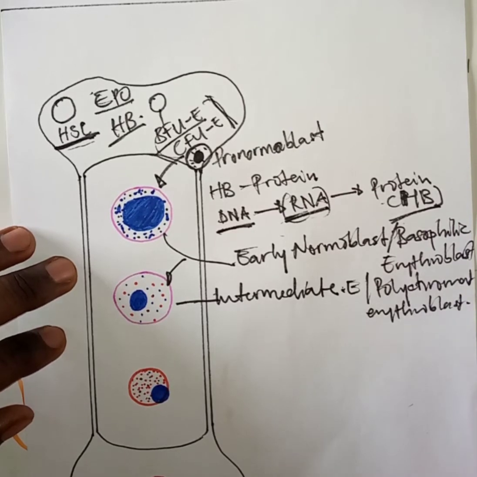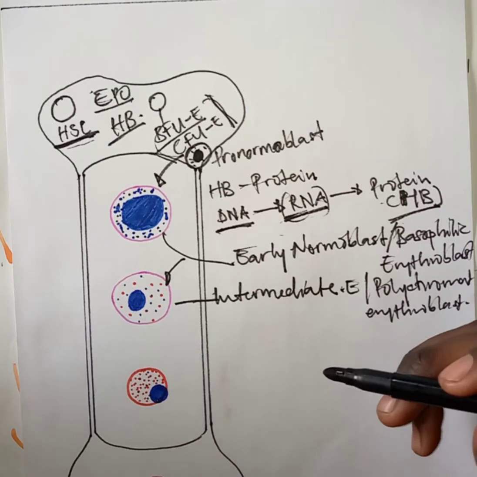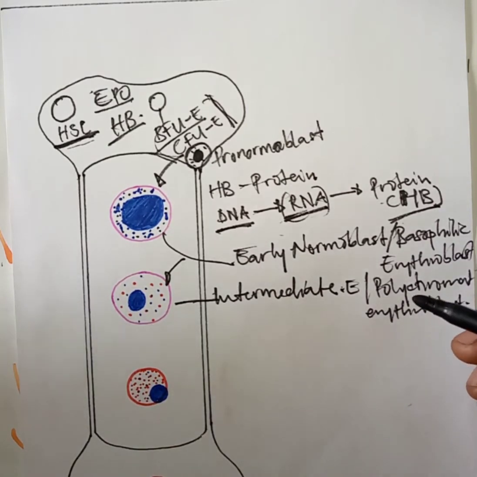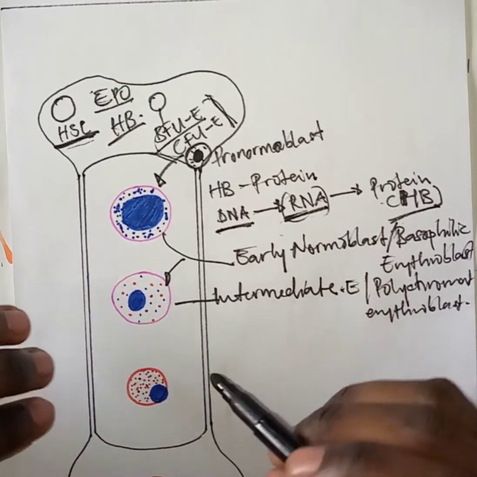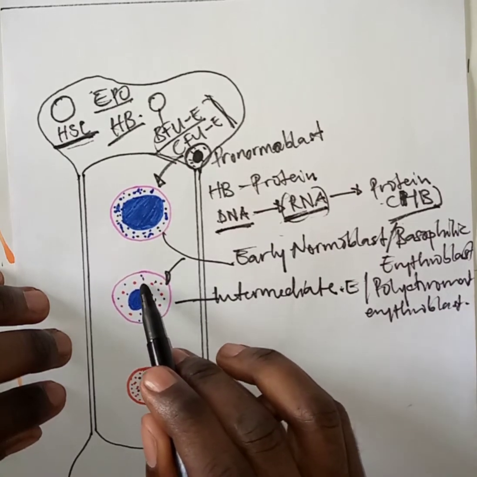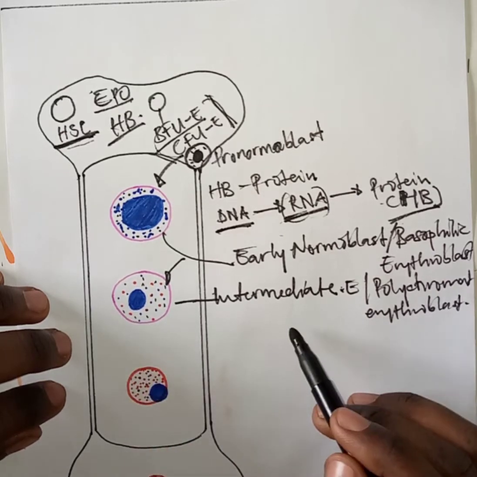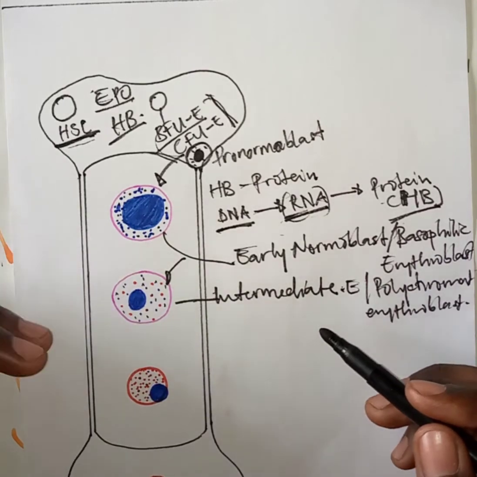It is called polychromatic because it now stains for both the hemoglobin and the cytoplasmic RNA. Remember, it is a process of protein formation. This will not come as magic that the protein will just appear. It will go process by process, and we shall be seeing that the RNA available that makes the cytoplasm basophilic is reducing, as it stains also pinkish for hemoglobin that is being formed.